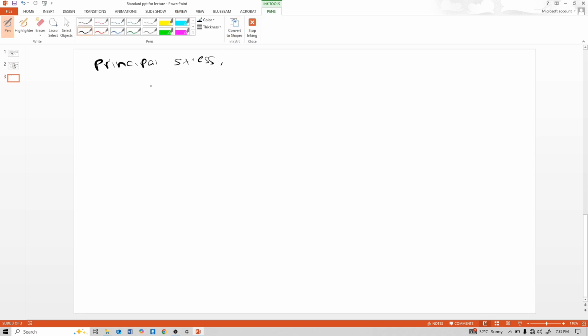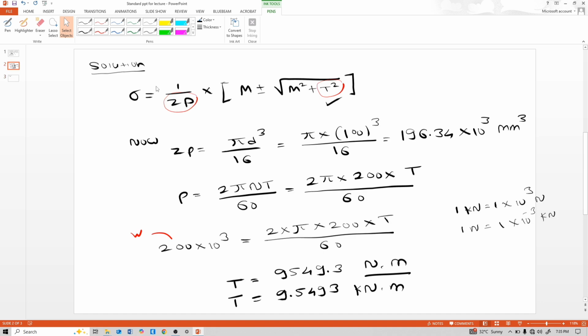Principal stress sigma is equal to 1 by Zp into M plus minus under root of M square plus T square. This principal stress we need in MPa, and MPa is also Newton per mm square.